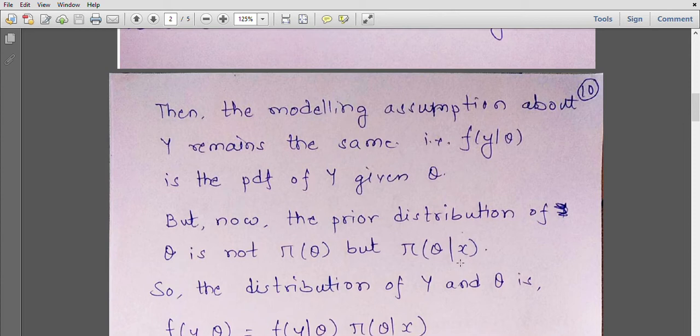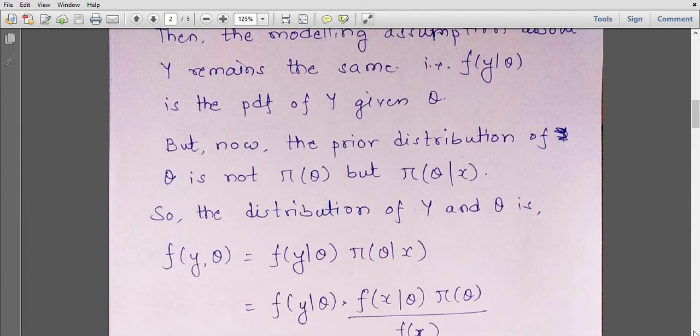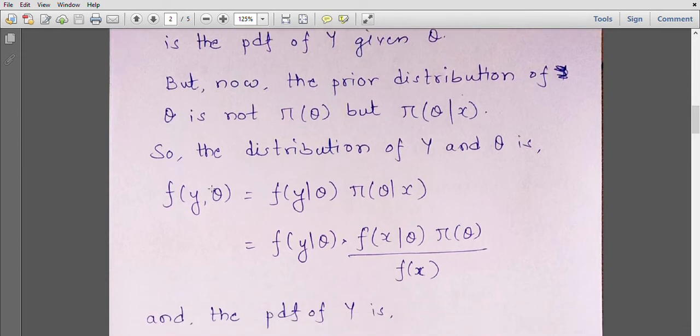So the joint distribution of y and theta now will be f(y given theta) into pi(theta given x). So if you expand it, it will look like this. So notice that the joint distribution of y and theta does depend on pi(theta), but like this.